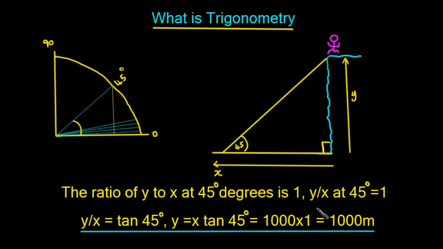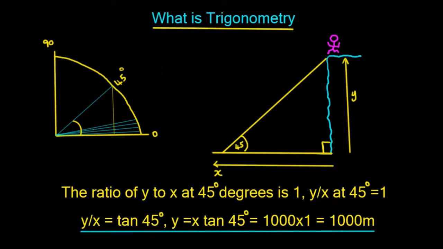Now this y divided by x, we use it so often that we actually give it its own name, and it's a function called the tangent. So this y divided by x is the tangent. So now we could say y divided by x is actually equal to tan 45. So we've just replaced the y divided by x with this thing here, tan. Now tan is short for tangent.